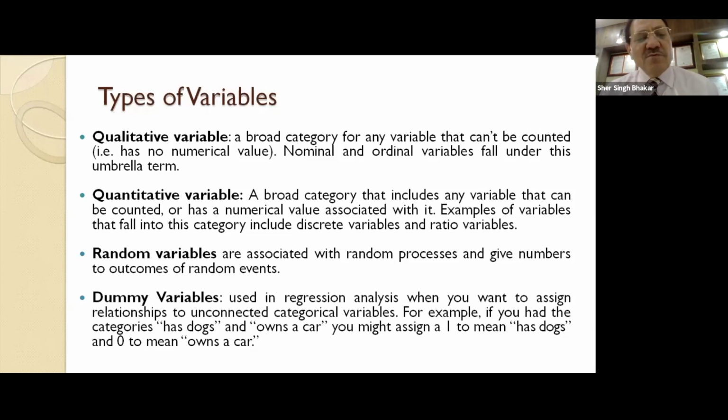So they need to be converted into dummy variables, that is, converted into dichotomous, and you can use binary regression on them. So dummy variables are variables that may have multiple values, but can be converted into two-value variables.